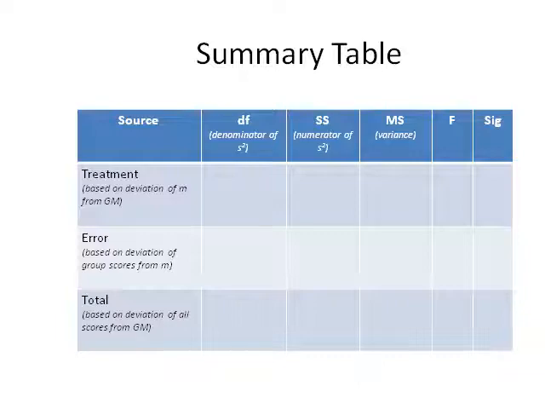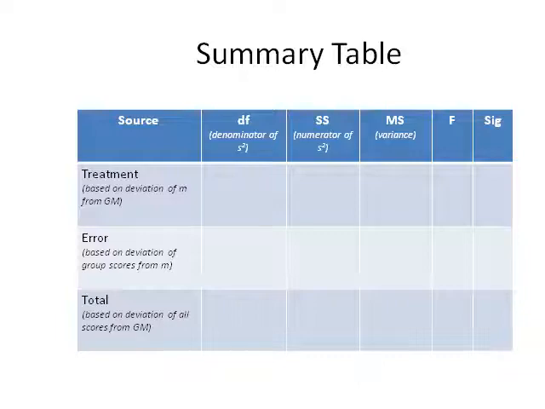In the columns is the computation of the sample variance broken down into its parts. First we have the degrees of freedom for treatment, then error and total variance. We will remember that degrees of freedom is the denominator of a sample variance. Second, we have the sums of squares for treatment, error, and total, which we will recall is the numerator of a variance.